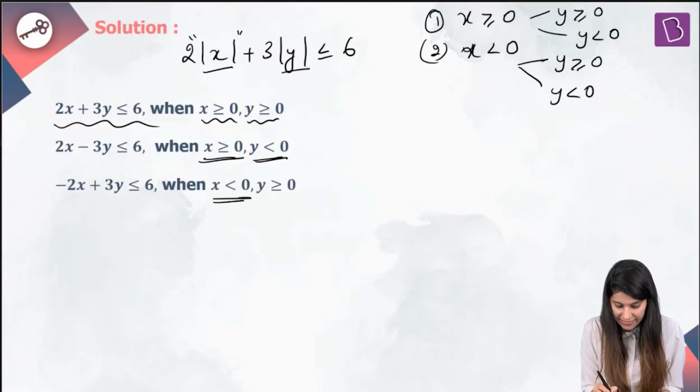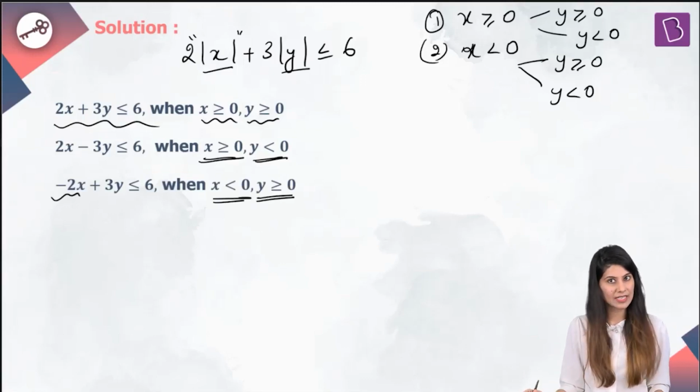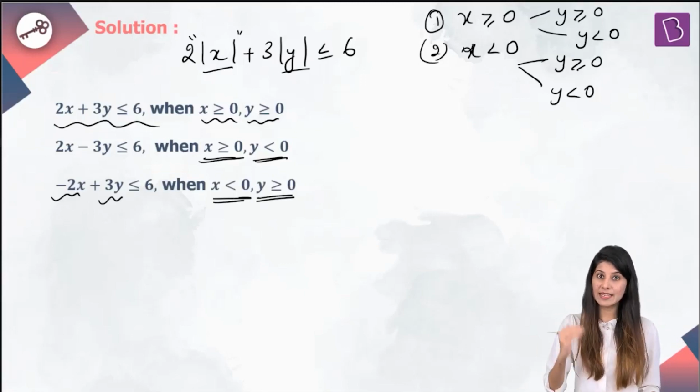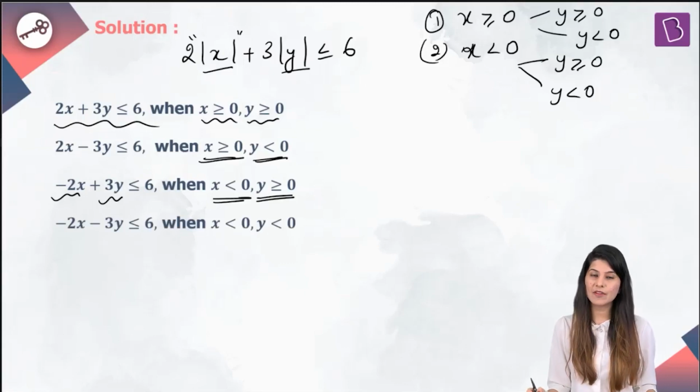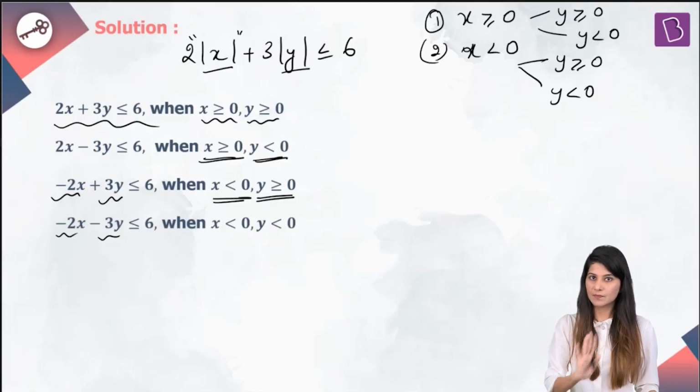Next, when x is less than 0 but y is greater than or equal to 0, x has a negative sign, so -2x + 3y ≤ 6. And last, when both are negative, both signs will be negative. 4 inequalities, this is sorted.